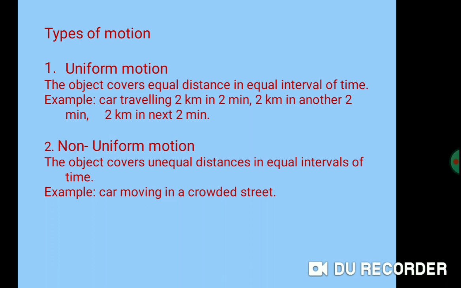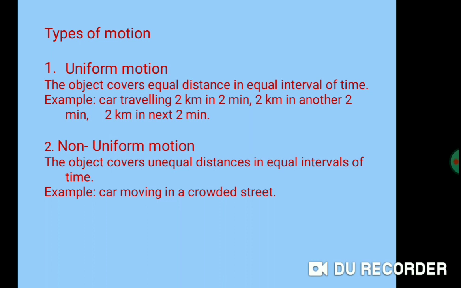For example, a car moving in a crowded street. Let's just see your own example of a car moving in a crowded street. When you see that the road is free, you are speeding up, increasing the speed of the car.